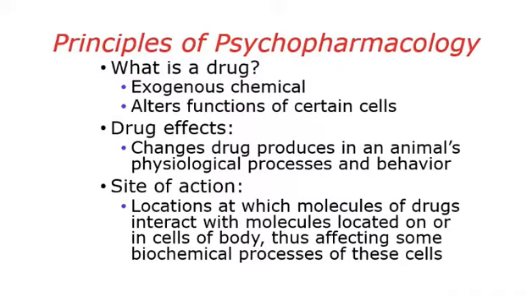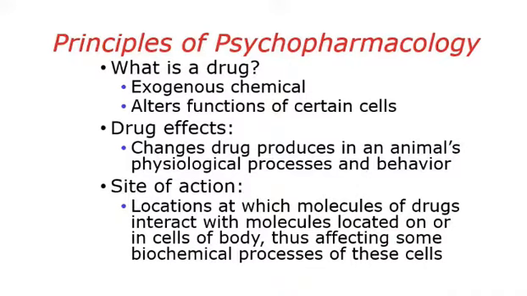So a drug simply is an exogenous chemical that comes from outside the body, and it alters functions of certain cells, and the effects of a drug are the changes that a drug produces in an animal's physiological processes and behaviors. These drug effects can be positive, like relief of pain, or more negative, like suppression of respiration.